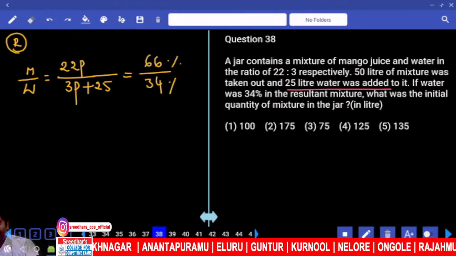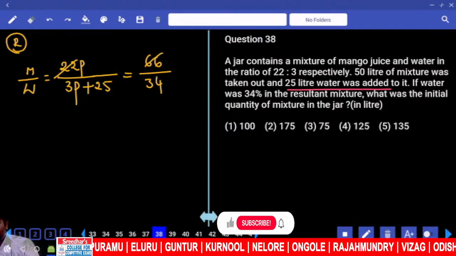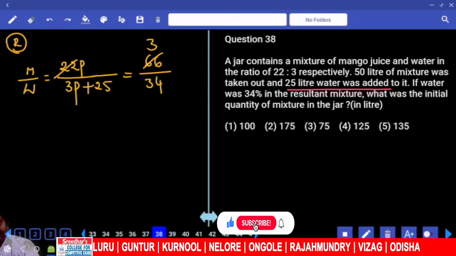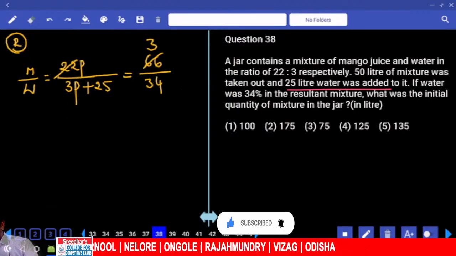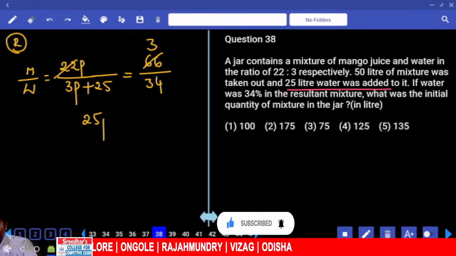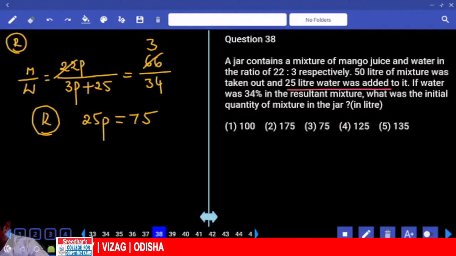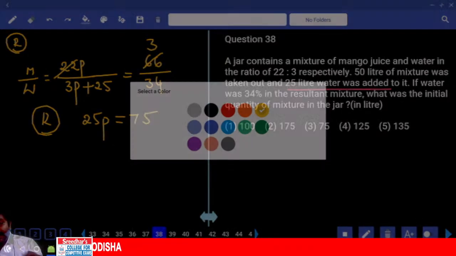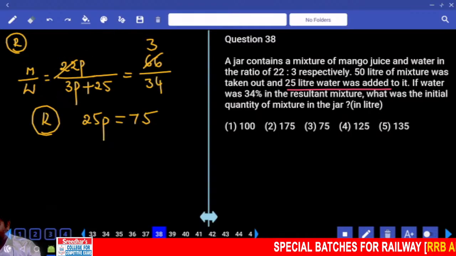Percentage gets cancelled on the right hand side, numerator and denominator, so I am not writing. 22, 3 times. 34 parts, 9 parts, difference 25 parts is equal to 75. This itself is the remaining quantity. Among the remaining quantity, milk was 22 parts, water 3 parts, both together 25 parts.